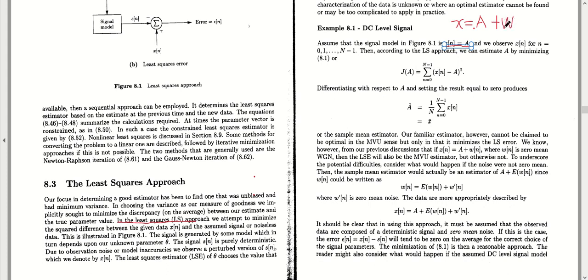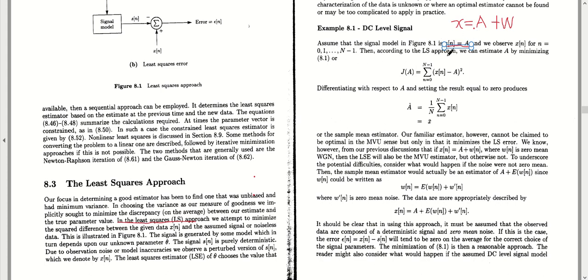As I said, this is simple and easy. We don't even have to talk about the probability density function. We will just write out X minus A, because X minus A is equal to W. So we are trying to minimize the square of the error.